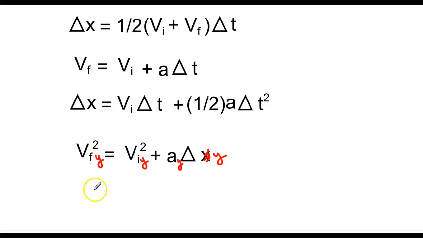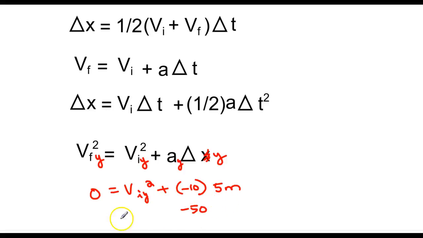The final velocity in the y direction is 0. The initial velocity we don't know, so it's going to be VIY squared, plus the acceleration, which is -10, times delta y, which is 5 meters. So 5 times -10 gives me a -50. Add that to both sides. You get 50 is equal to the initial y velocity squared.